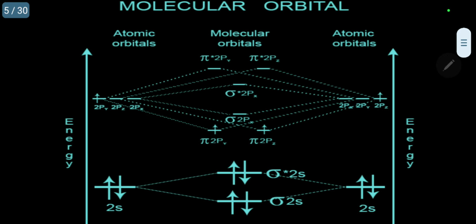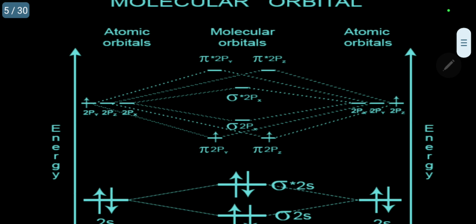So according to this, kindly follow. Now, x is the molecular axis, through which bond formation happens. Y and Z are the axes in between. Kindly follow. This is along the axis, the other two will be px, py, pz.